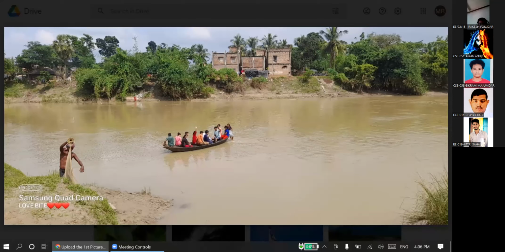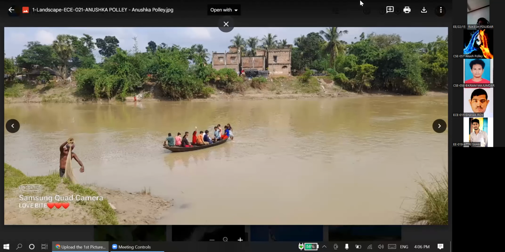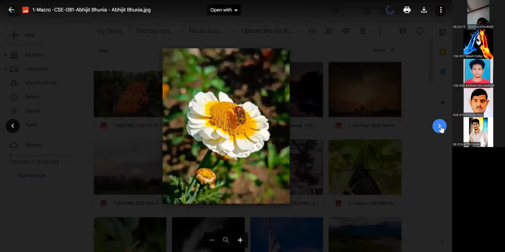Please look after it, otherwise. Okay. Anushka is not there. So, the next picture.